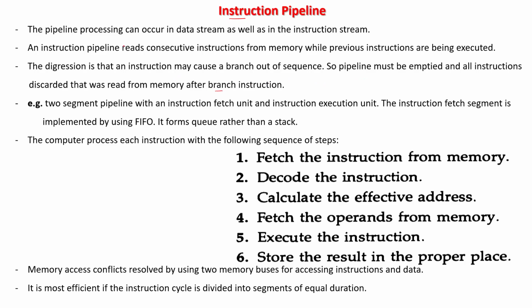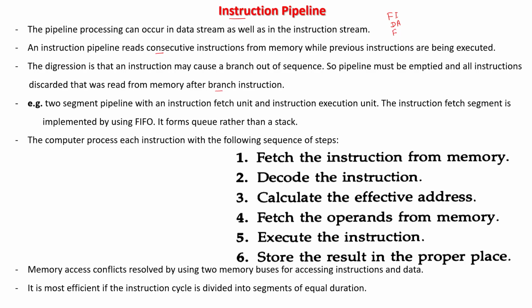Before that, the instruction pipeline reads the consecutive instructions from the memory, where various instructions are being executed. Generally we first fetch the instruction. After that, we decode and find the effective address.